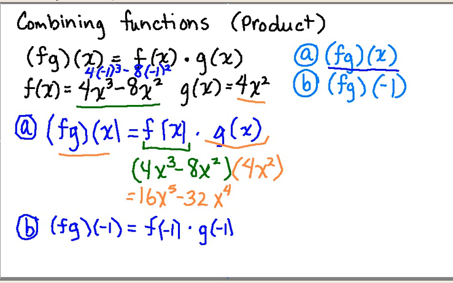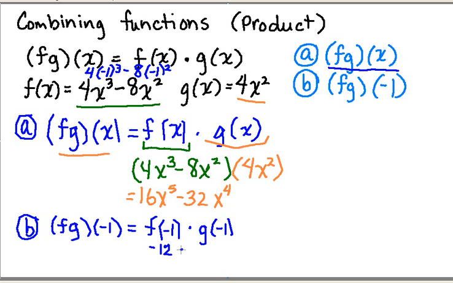This first term becomes a minus 4, because (-1) cubed gives me a minus 1, times 4 is minus 4. And this next term, (-1) squared, becomes a positive 1 times a minus 8. So this actually becomes minus 4 minus 8, or a minus 12. Okay.